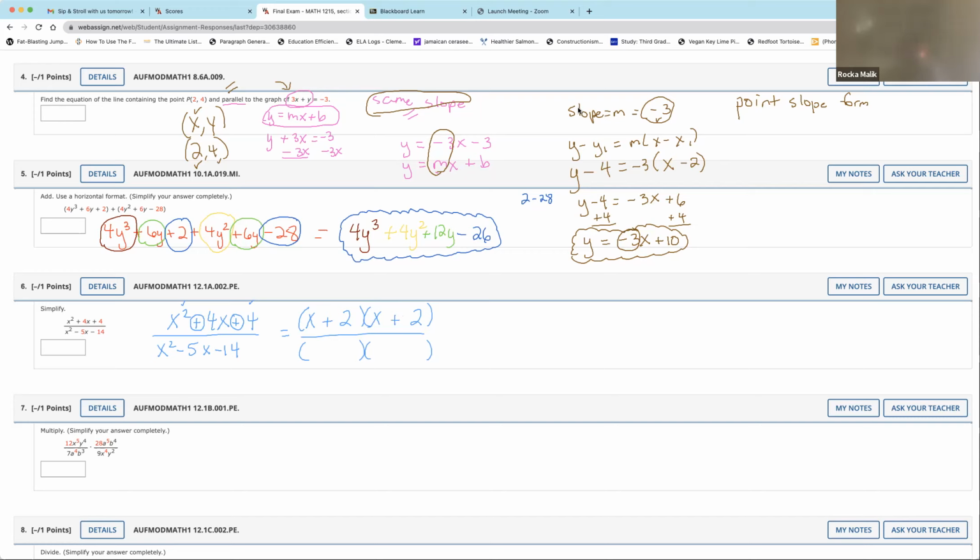At the bottom, I have x squared, so I'll have x times x. My second sign is negative, which means I'm going to have different signs. So minus, plus, or plus, minus. I need two numbers that multiply to give me 14, but have a difference of 5.